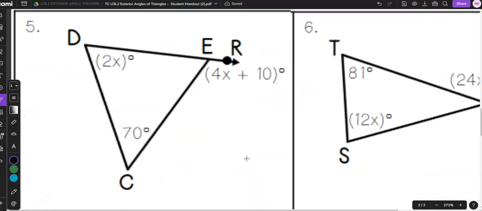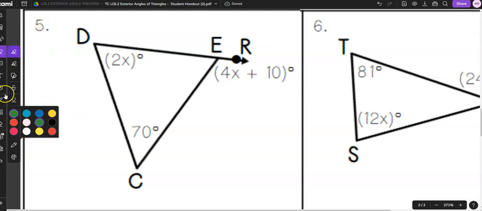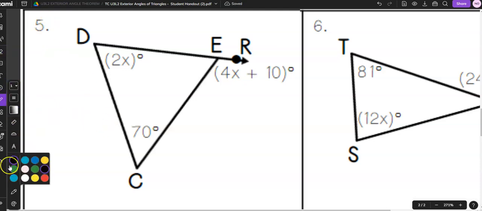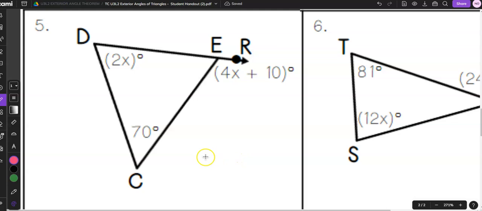Let's look at number 5 together. The first thing we need to find is x. You don't have to highlight these, you can circle them. Let's do that. I'll circle the remote interior angles in pink, or you can underline them.